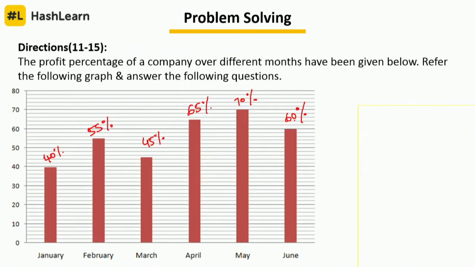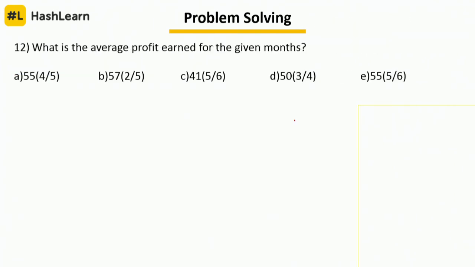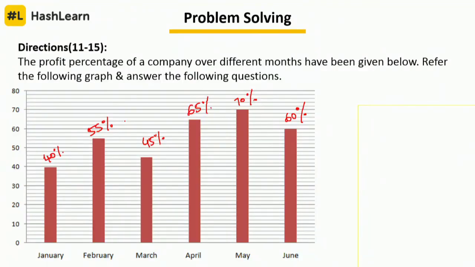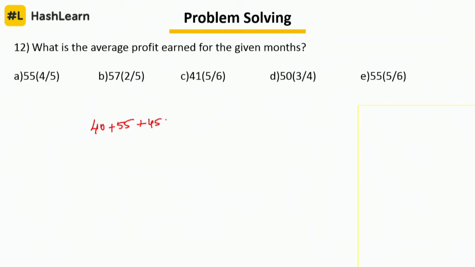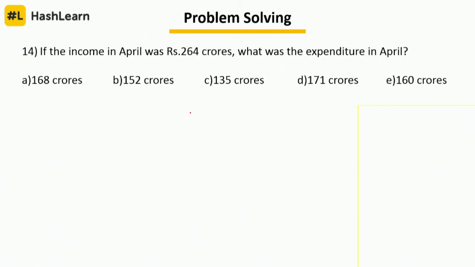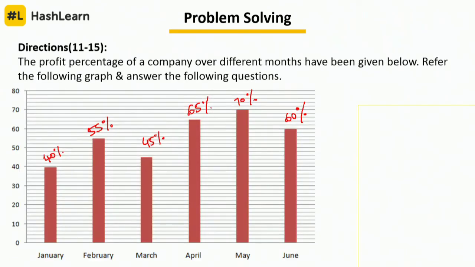Okay, they are asking you to find the average. What you need to do? If you want the average, you need to add and divide by the total number. So 40 plus 55, plus 45 plus 65, plus 70, 60.